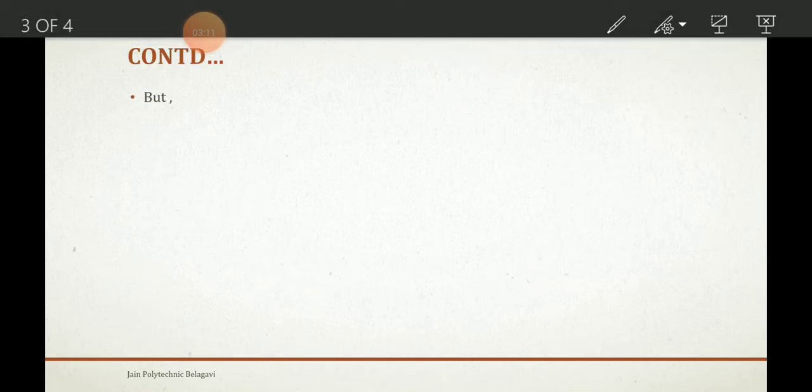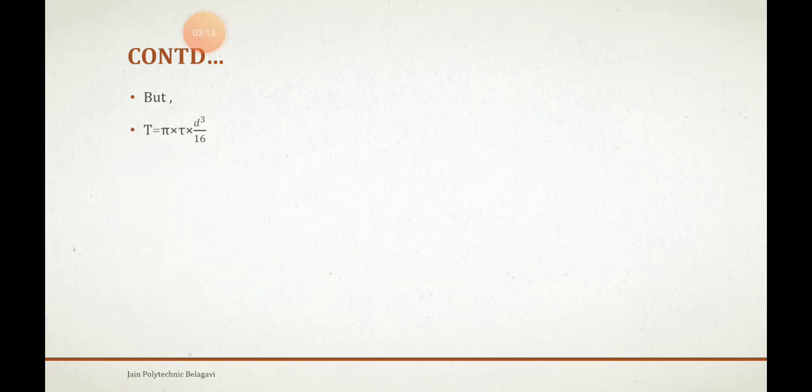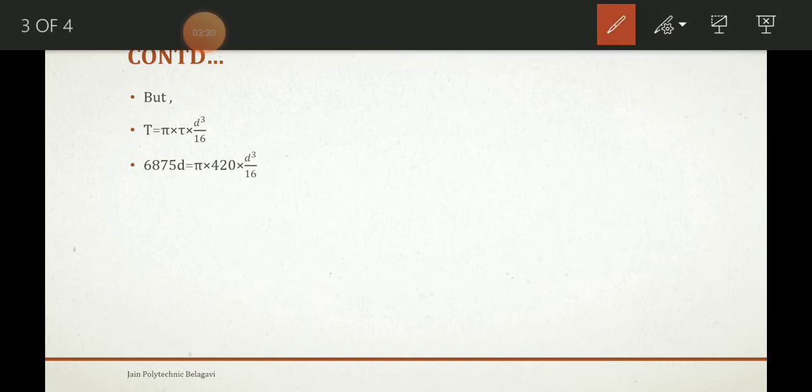Now we also know that T equal to pi into tau into d cube by 16. This is another formula for the calculation of the twisting moment. So when you substitute, what is the value of T? This we already calculated. 6875 into d equal to pi into tau, the value of tau is 420, into d cube, that is d we have to find out, 16 as it is.